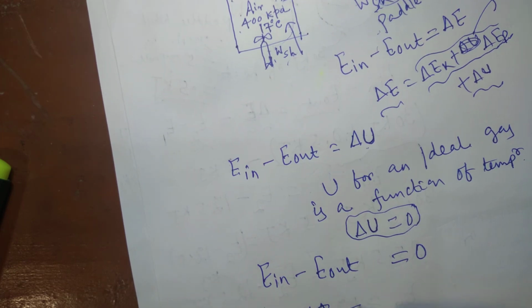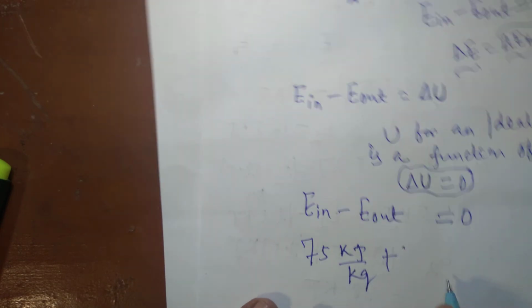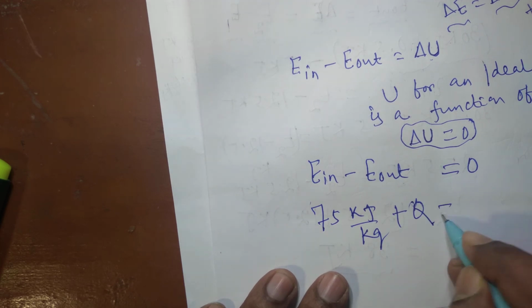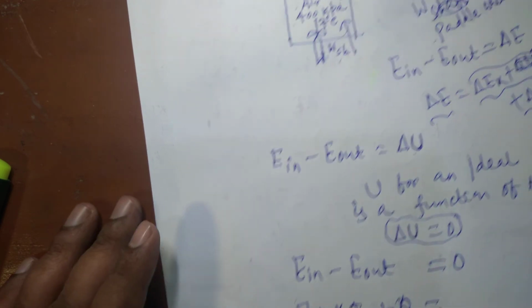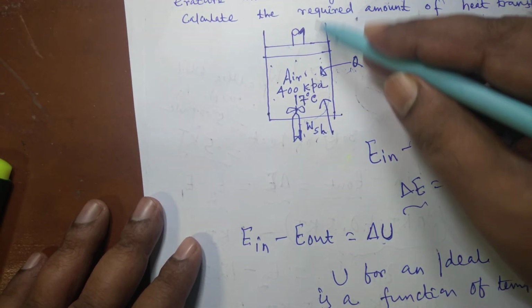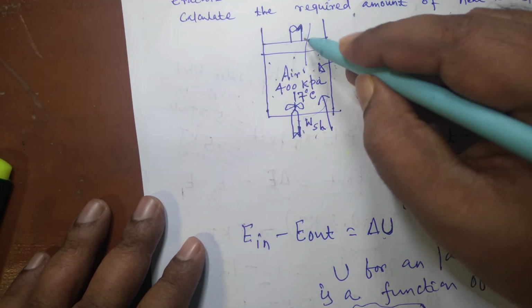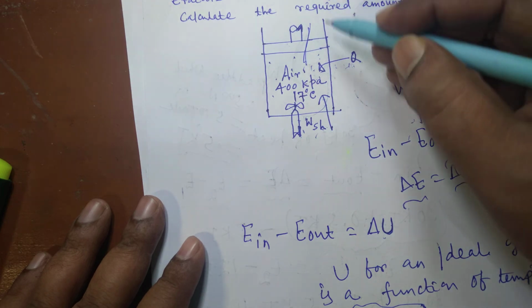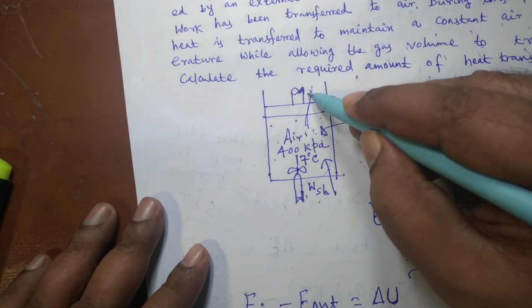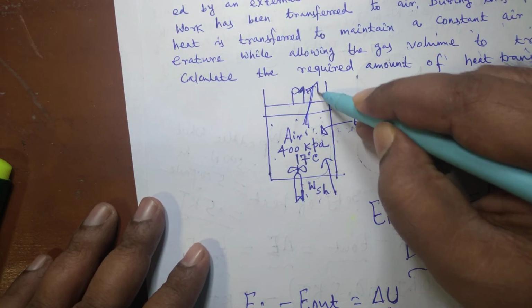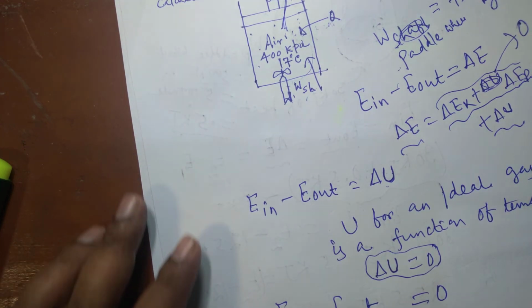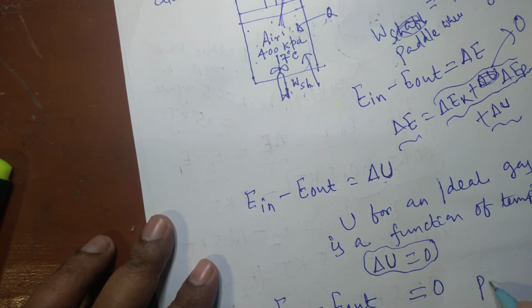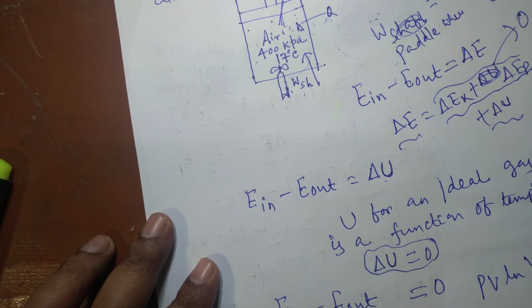So that is 75 kilojoule per kg plus Q, and what is the energy moving out of the system? This work that is done by the system, when the system expands. In this case, this is an isothermal PdV work. PdV work for an isothermal process will be PV ln V2 by V1.